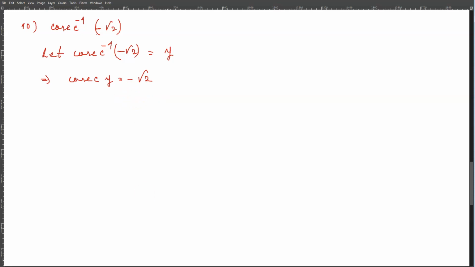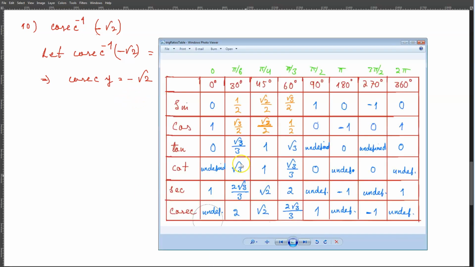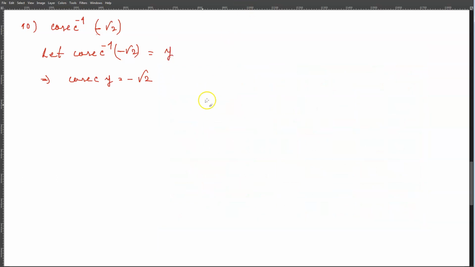Now if we take a look at the table, the cosecant of 45 degrees, or pi by 4, is equal to square root of 2.